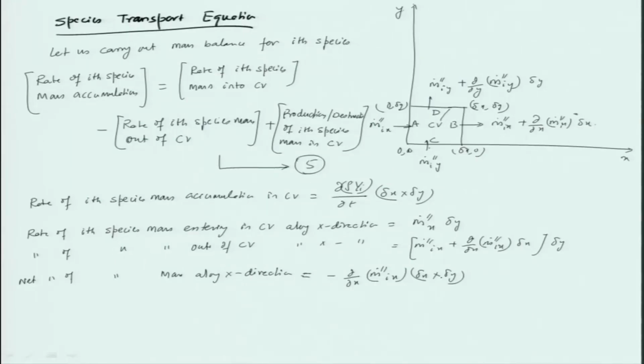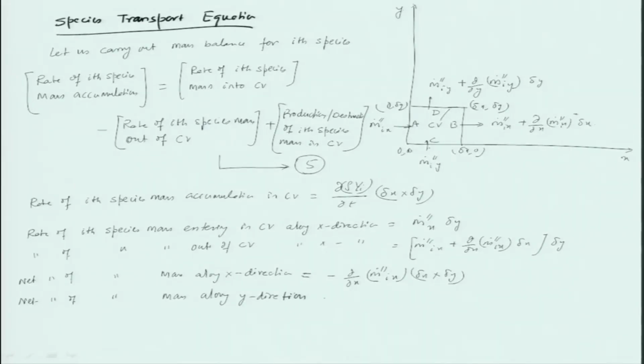And similarly, the net rate of ith species mass along the y direction, what would it be?